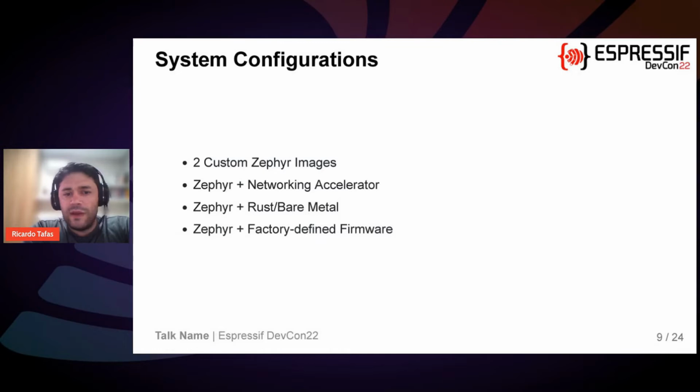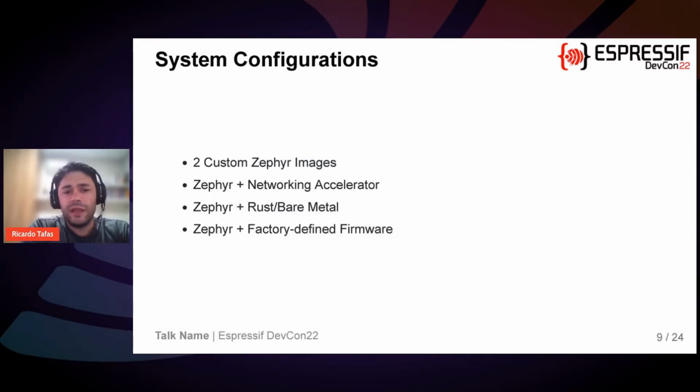Also, users can eventually decide to run Zephyr plus an image containing a Rust image or a bare metal image. So they can have all the features from a full-fledged RTOS plus all the detail and closeness to the hardware that a bare metal solution gives.